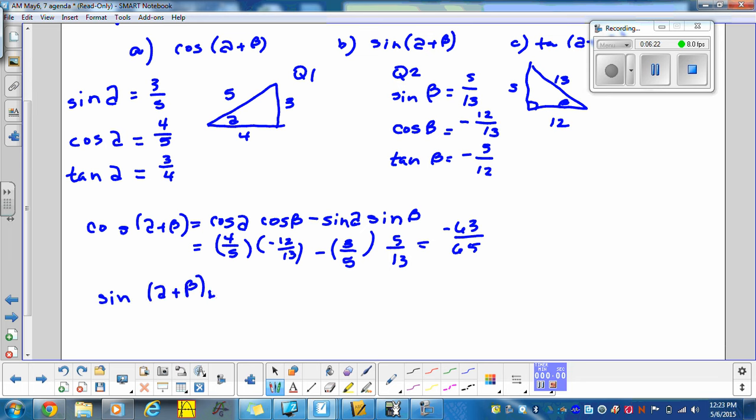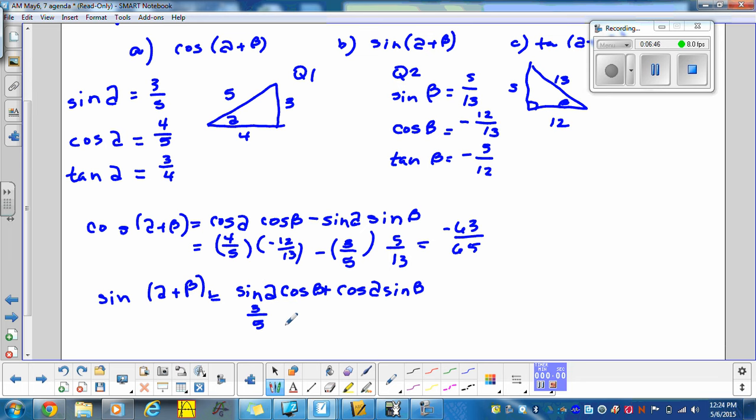Okay, now I'm going to do the sine of alpha plus beta. And so I'm going to use my index card. The sine of alpha plus beta is the sine of alpha times the cosine of beta plus the cosine of alpha times the sine of beta. And so make sure that's on your card correctly. Sine of alpha, if you recall, is 3/5.